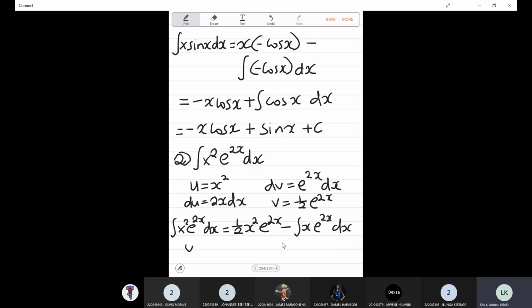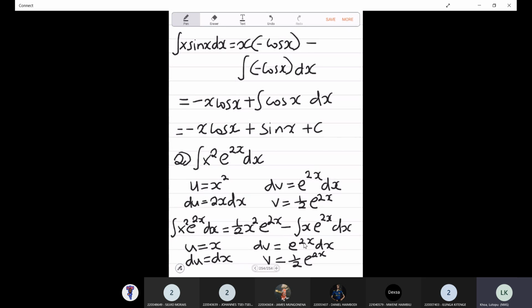So our u here will be x, then our dv is e to the power of 2x dx. Then this means that du is equal to dx, and v, the integral of e to the power of 2x with respect to x, is just half e to the power of 2x. So I have my four terms. Now I can substitute this. So don't forget about the minus when you write uv and the integral of v du.